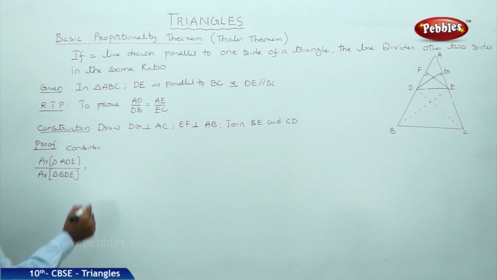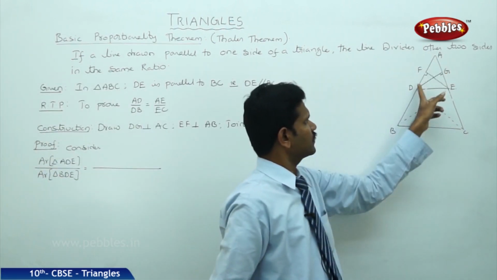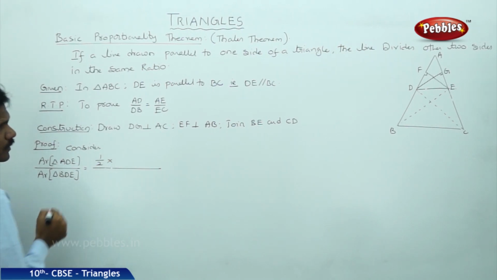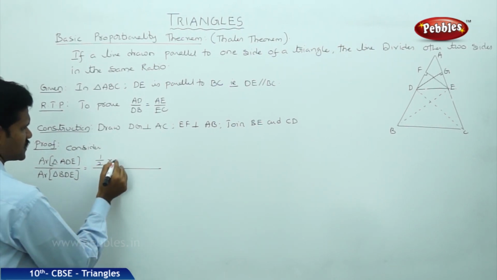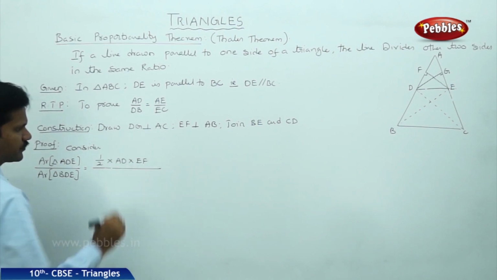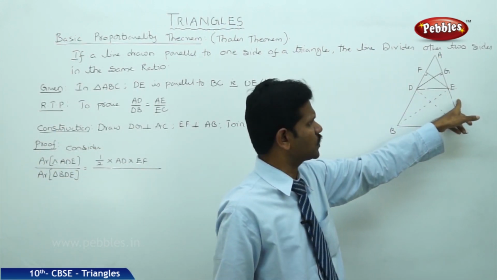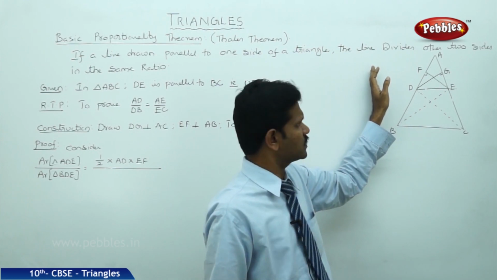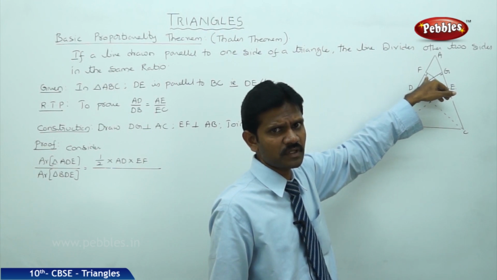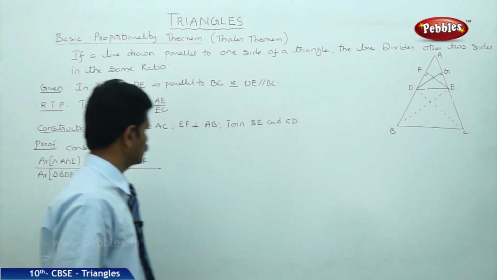Now consider ADE. Half into base, which is AD, into height, which is EF. In triangle ADE, the altitude stands on the side that is considered as the base, that is AD is the base and height is EF.